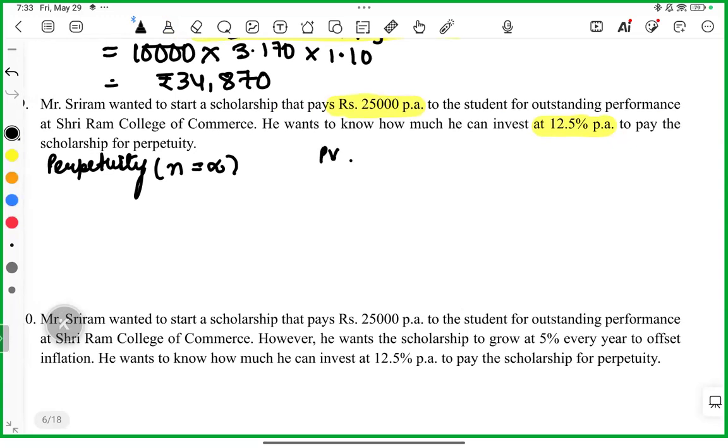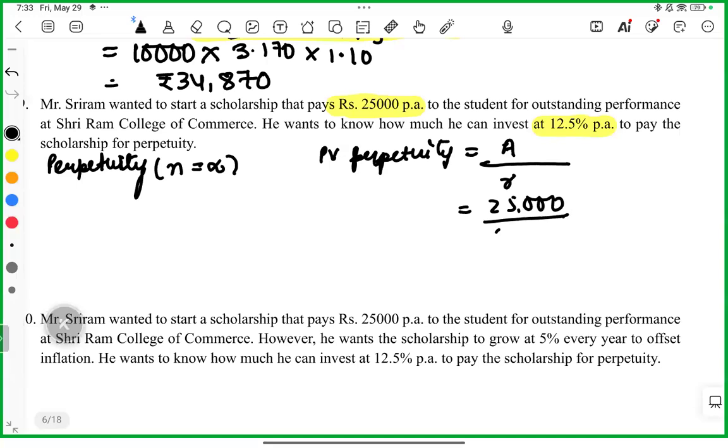So, present value of perpetuity means same amount till infinite years, is equal to A, that is the annual amount, upon R, that is the rate of interest. So you want to pay 25,000 rupees every year for infinite years at the rate of interest of 12.5 percent or 0.125.